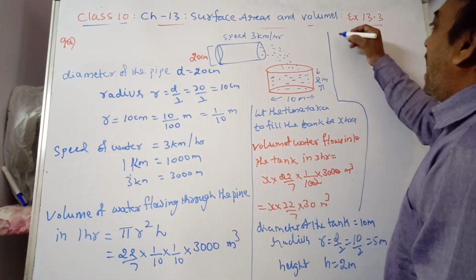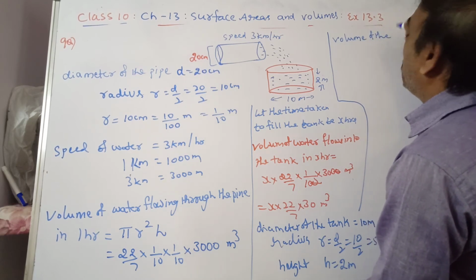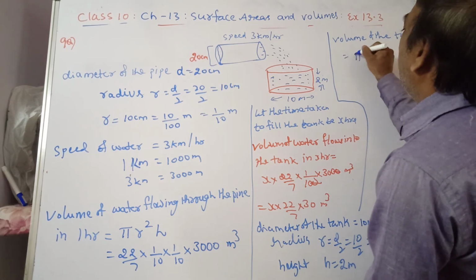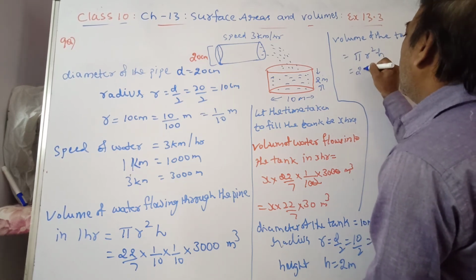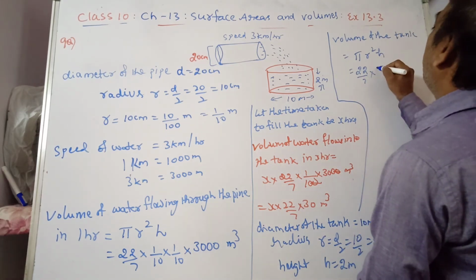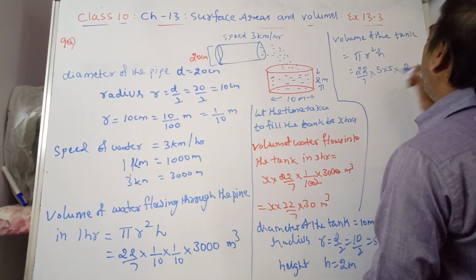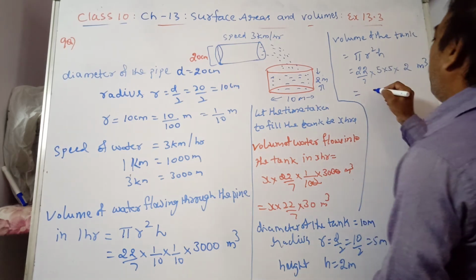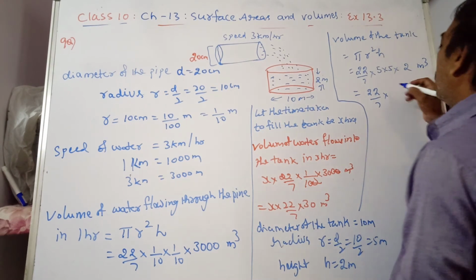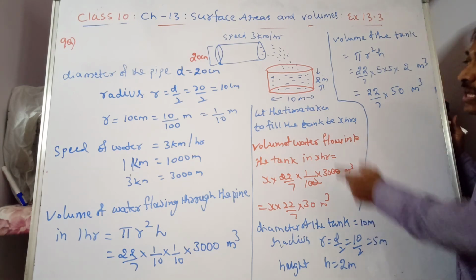Now the volume of the tank. Volume of the tank means how much it can hold. Volume of the tank is again pi r square h, which is 22 by 7 into radius 5 meters, 5 into 5, into height 2 meter. That is 2 meter cube. So 22 by 7 into 5 5s are 25, 25 into 2, 50. This is the capacity of the tank.